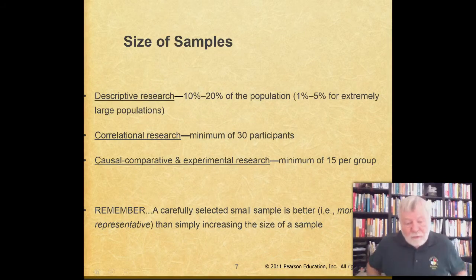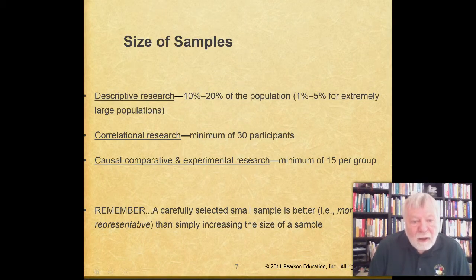When we conduct qualitative research, there is not a set number of participants that are specified. Qualitative researchers talk about having the right number of participants in a study when they reach saturation of information.